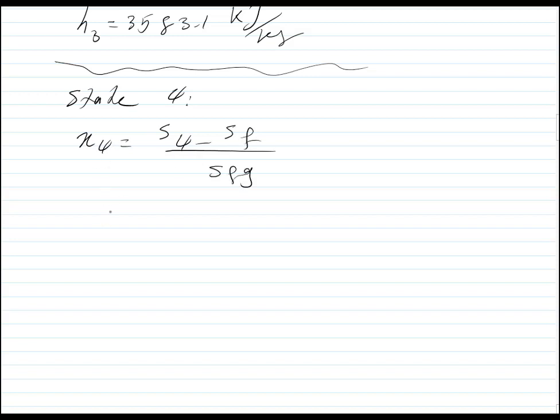After we calculate x4, we can simply find h4, which is h4 equal to hf plus x4 times hfg.